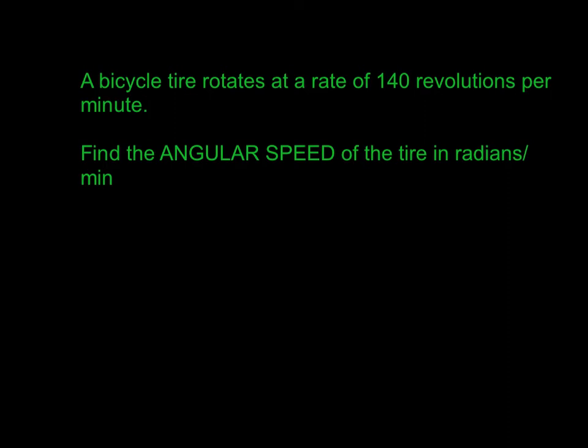Okay, a bicycle tire rotates at a rate of 140 revolutions per minute. Find the angular speed of the tire in radians per minute. So my formula for my angular speed is that weird little W shape, theta over t. In this case, we're just doing it per minute, so my time is 1.